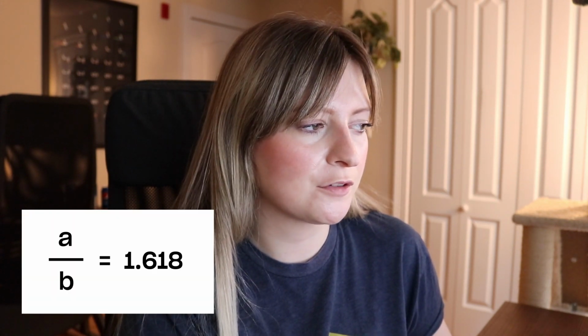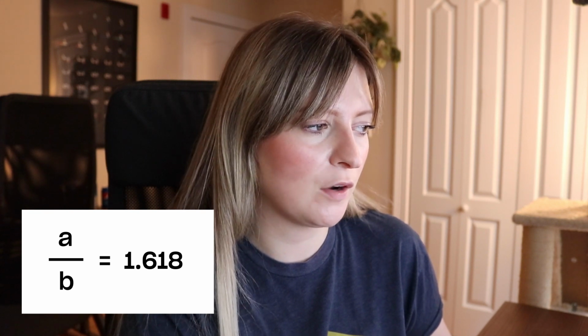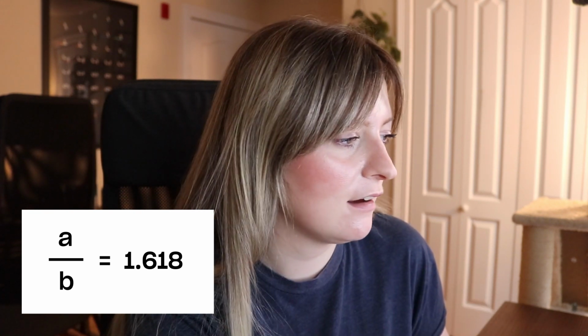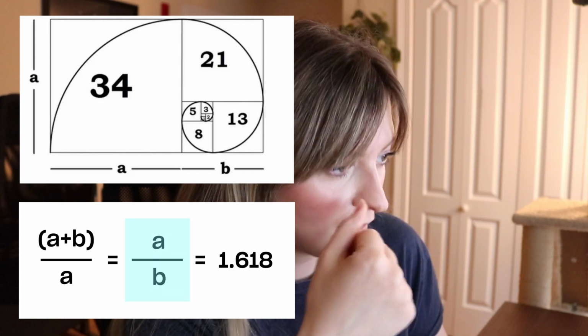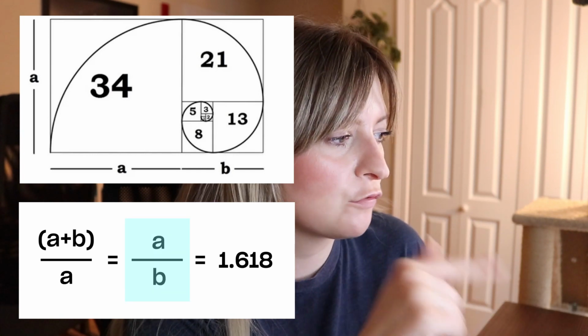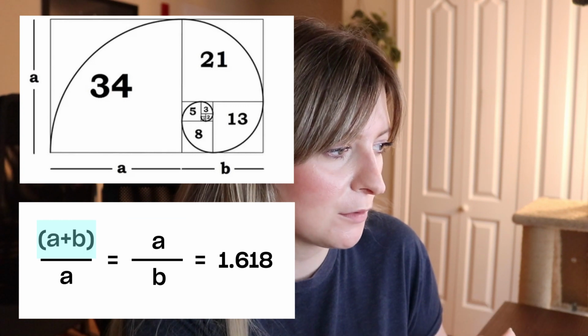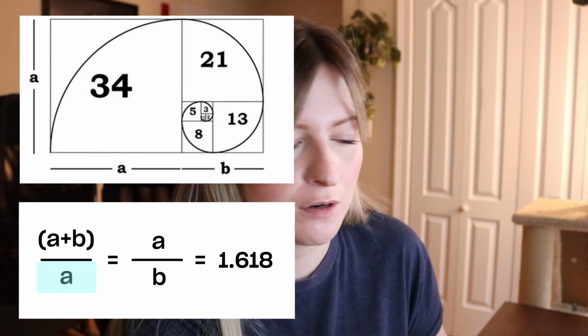So the golden ratio is a ratio that is often found in nature. Essentially, it is a ratio between two numbers that equals about 1.618. Another way of explaining it is that it is when the ratio of two numbers is the same as the ratio of the sum of those two numbers to the largest of those two numbers. That's the most I'm going to talk about math here, and if that didn't make sense to you, that is totally fine.